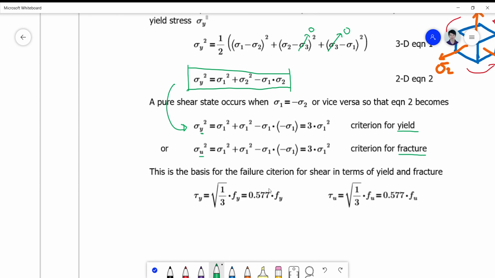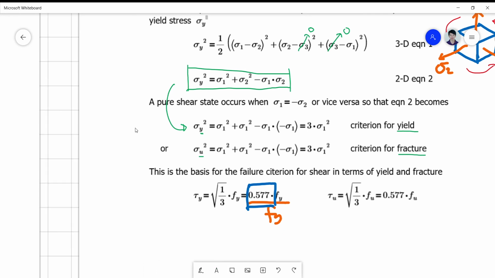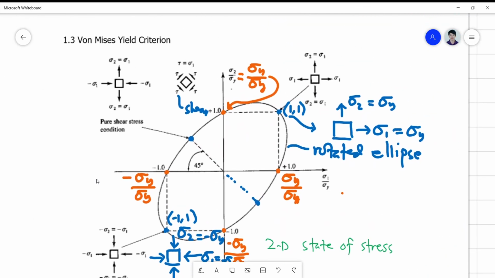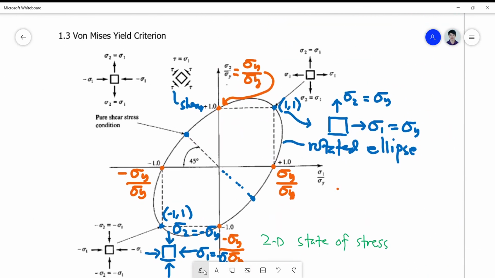And this value 0.577, if you divide it by Fy to make it dimensionless, will yield the coefficient 0.577, such that the value for this representation will now be equivalent to negative 0.577 and positive 0.577.